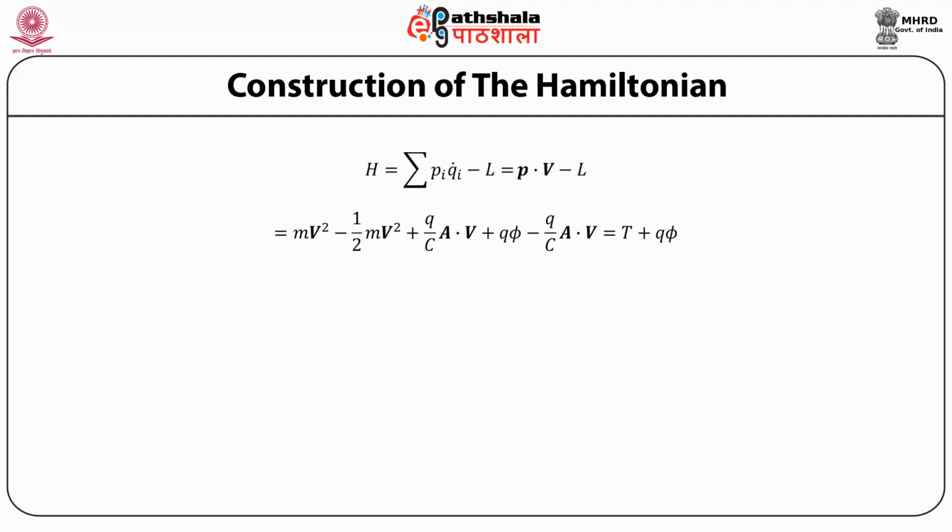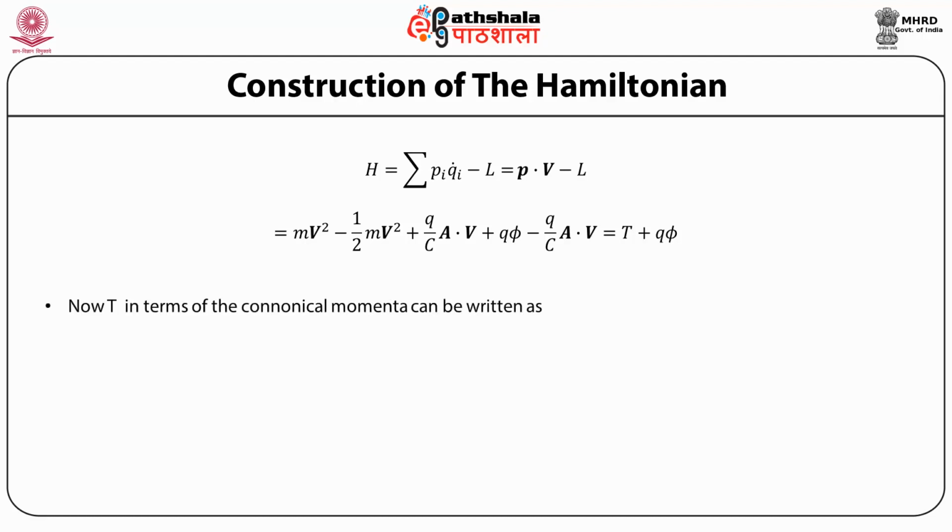The Hamiltonian now, from the definition, can be written as H being the sum over all i of pi qi dot minus L. So it becomes a scalar product of the canonical momentum P with the velocity v minus L. And for the canonical momentum P, we have the expression P is equal to mv plus q by c A. So substituting that, we can simplify this expression and we get H is equal to T plus q phi.